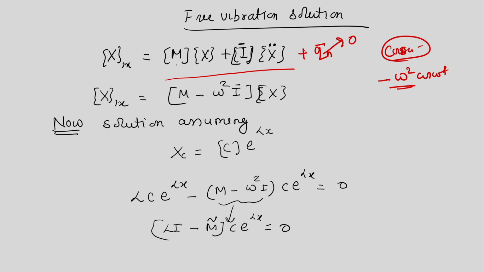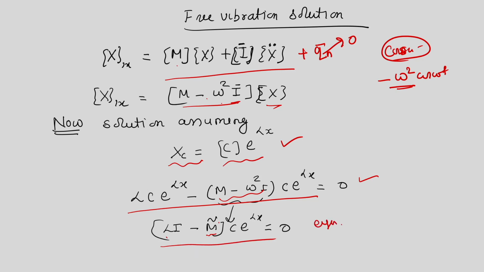So ultimately M minus omega square I bar into x. We can assume a solution the same way, in a complementary form: x equal to c into e raised to the power lambda x, and then substitute it here. So it becomes an equation like this. Modifying it again, we can call this matrix, let us say, M tilde minus lambda I, which is an eigenvalue problem again.